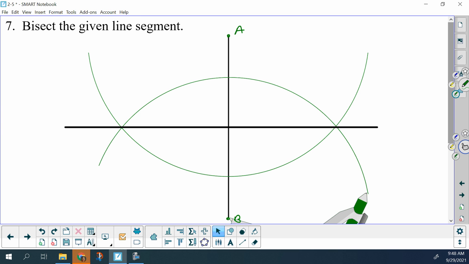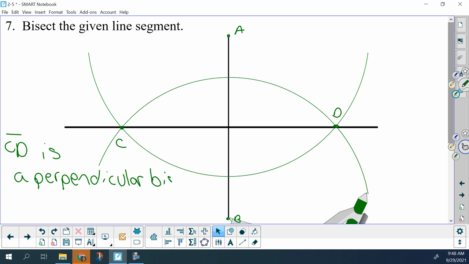I'm going to label my intersections C and D just for you. So CD is the perpendicular bisector of segment AB.